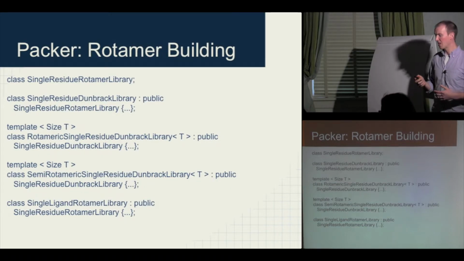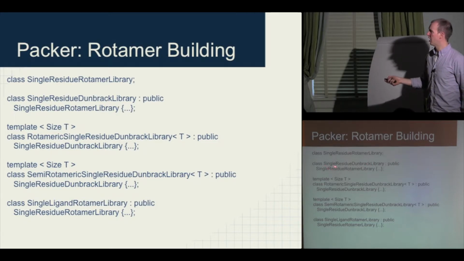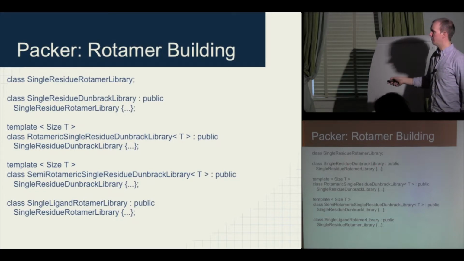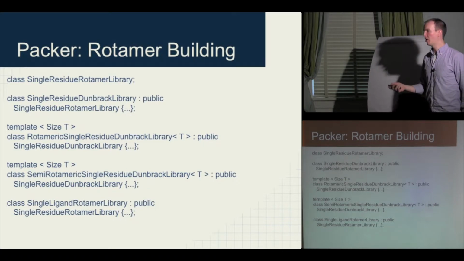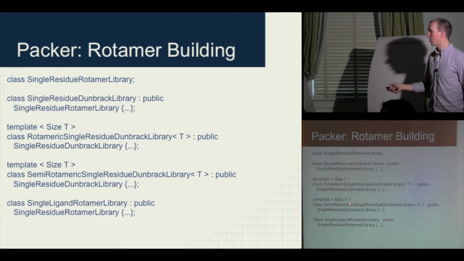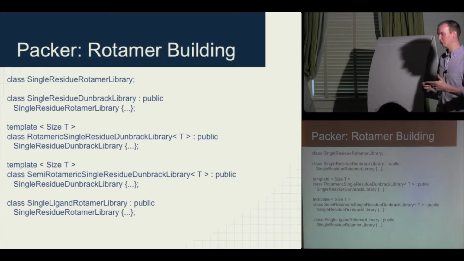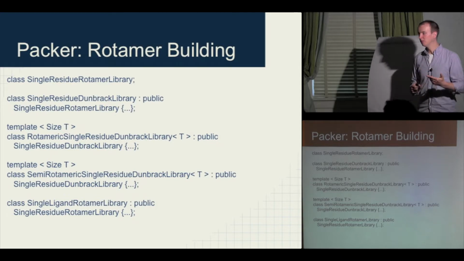There are a couple different classes that derive from single residue rotamer library. We have a generic Dunbrack library, single residue Dunbrack library class, from which there are two derived variants. A rotameric single residue Dunbrack library, which is used to represent the rotamers from the 2002 library, and then the semi-rotameric single residue Dunbrack library, which is responsible for representing the residues whose terminal chi's have an sp2 hybridization at the third atom.